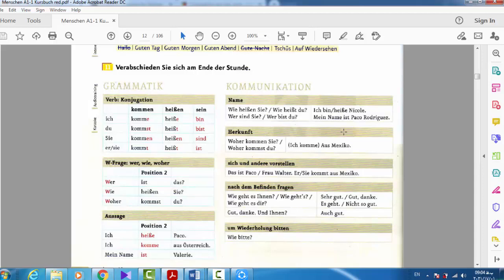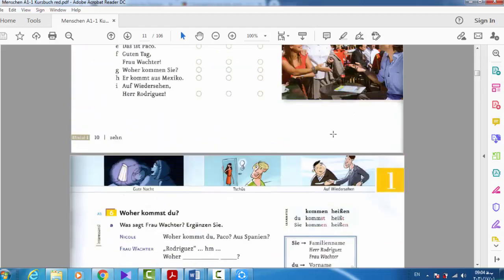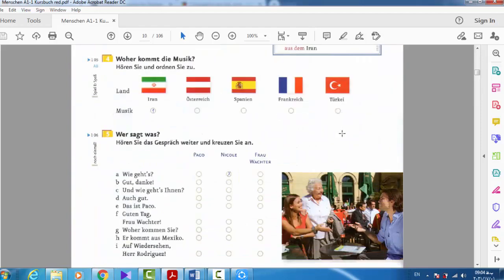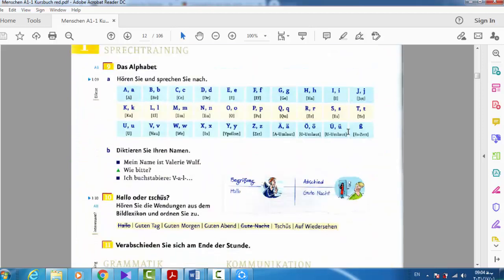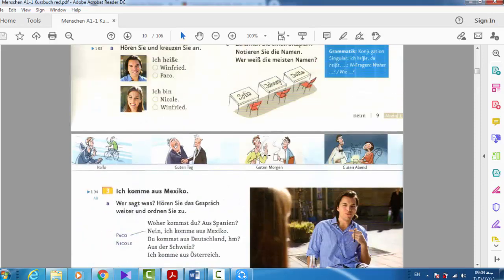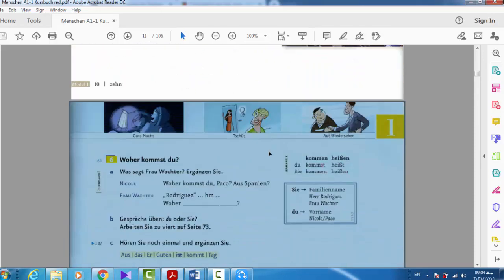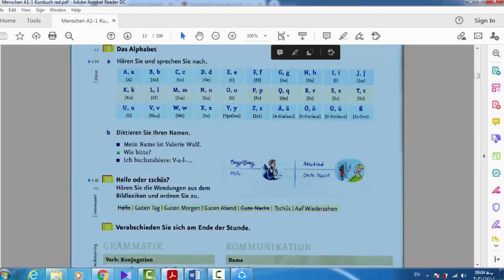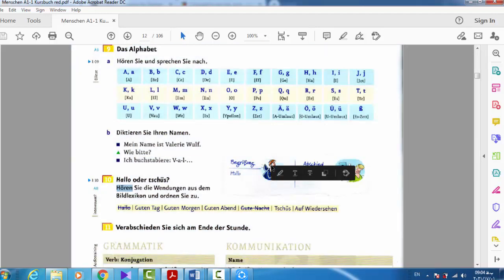So this book would be good for you because you understand the grammar, as well as the vocabs from basic to advanced, step by step. So I try to explain this book for you, for English speakers, and hopefully that would be good and useful for you.